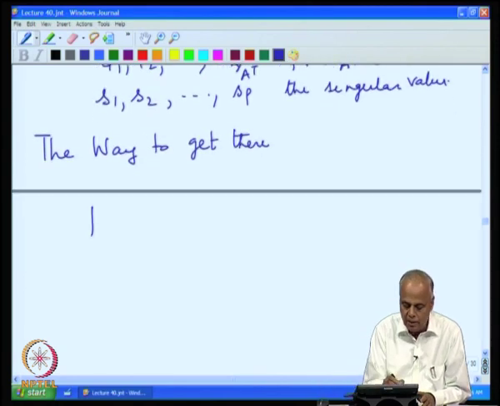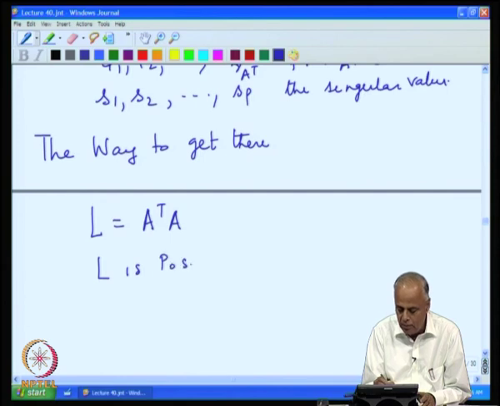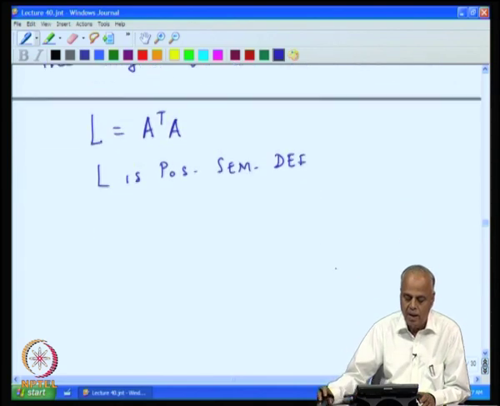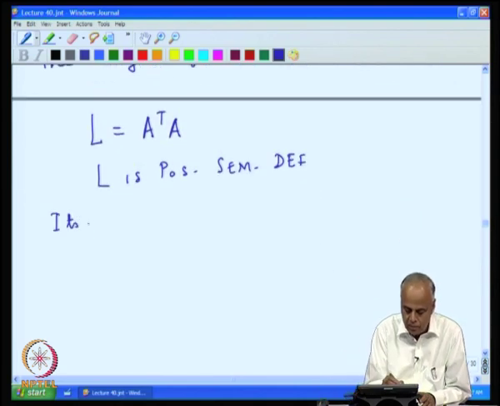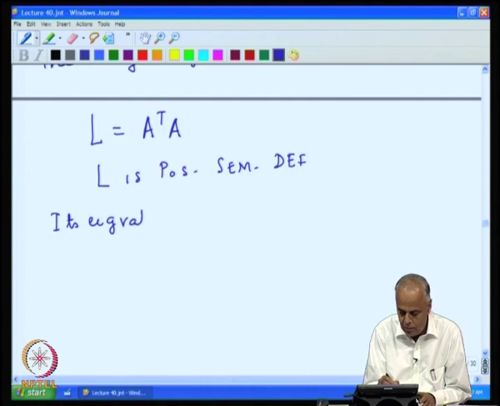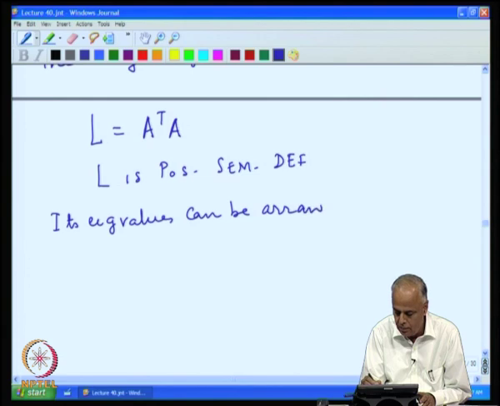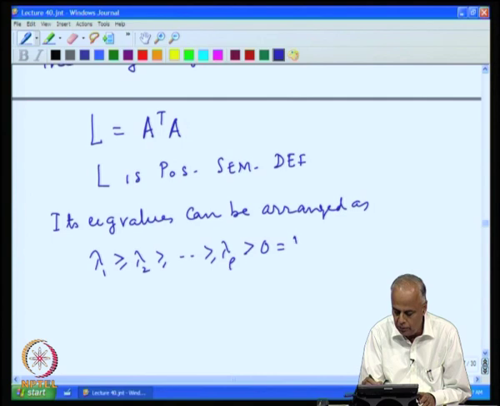We first construct L equal to A transpose A, and then L is positive semi definite, and its eigenvalues can be arranged as lambda 1 greater than or equal to lambda 2 greater than or equal to ... lambda rho greater than 0, and the remaining eigenvalues are equal to 0.